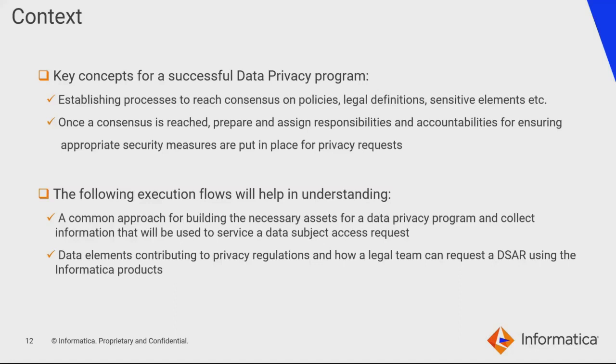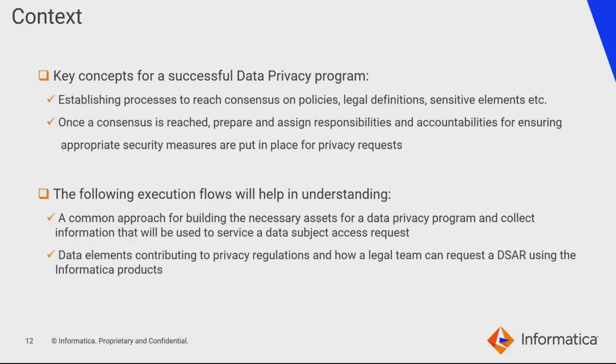The key to a successful data privacy implementation is to understand that the regulations that have been published need to be translated to actionable policies for an organization. These policies help the organization achieve their privacy goals and be compliant as per the regulations.